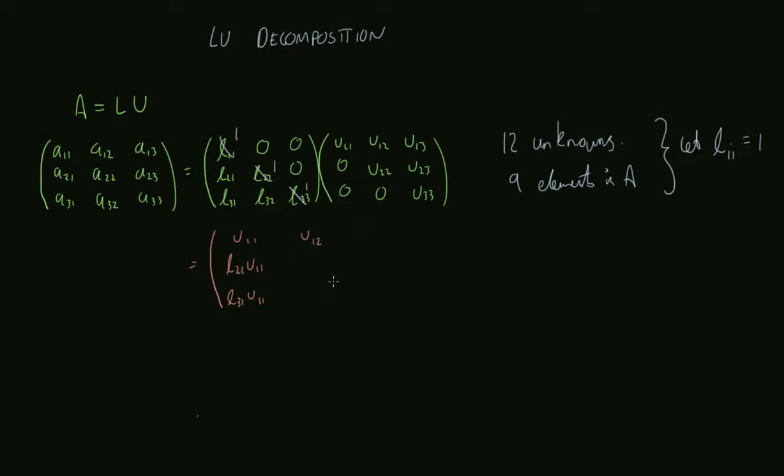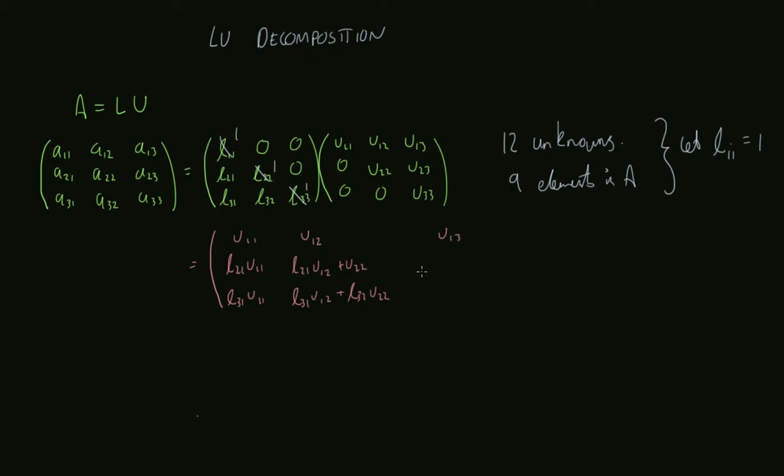Second row, second column, we'll have L21 times U12 plus 1 times U22. And on the third row, we'll have L31 times U12 plus L32 times U22.